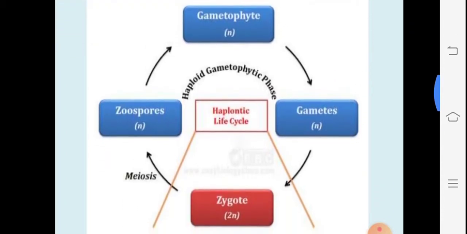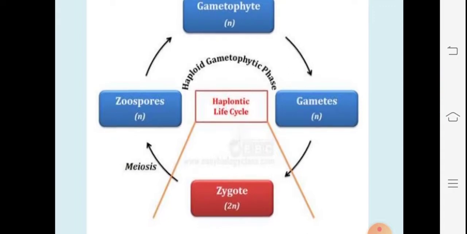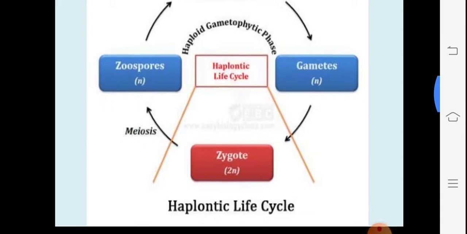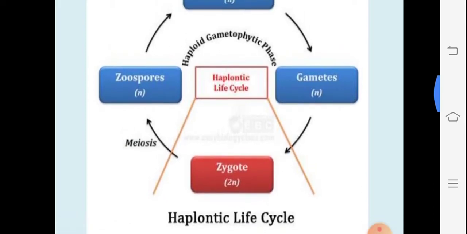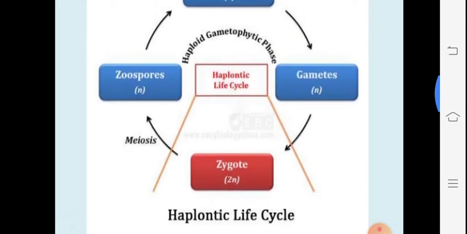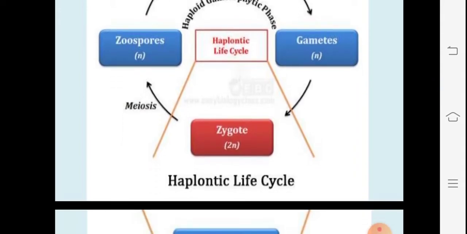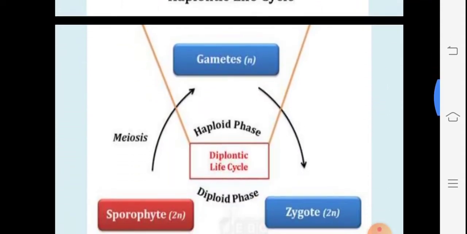So this is simply haploid to diploid and again haploid gametophyte formation. There is no sporophytic stage, and therefore this life cycle is called the haplontic life cycle. Terms are very simple, just go through them one by one.